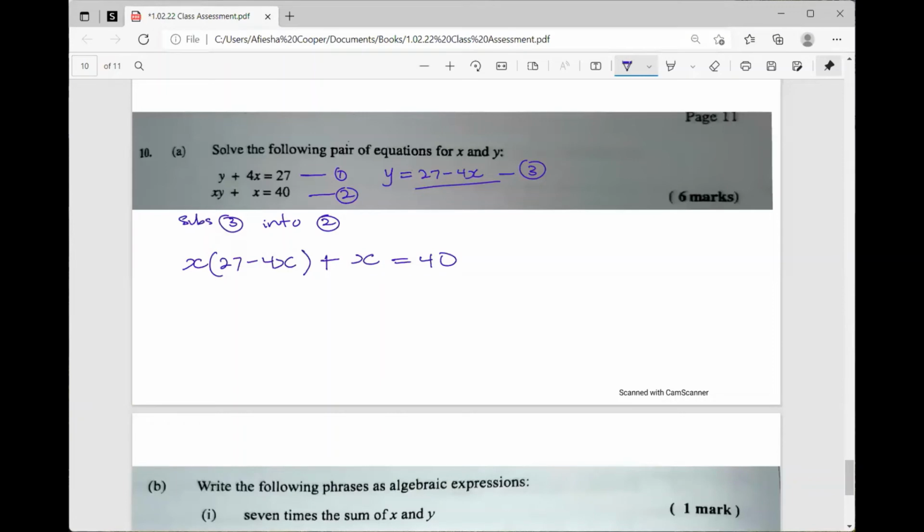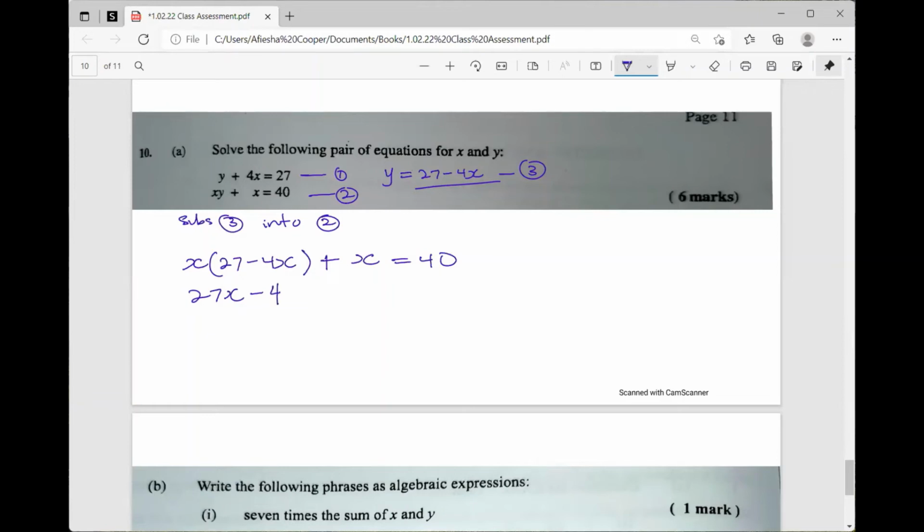I'll remove the bracket. Distribute. What would I end up with? Come on. 27x. 27x. 27, yeah. Minus y.